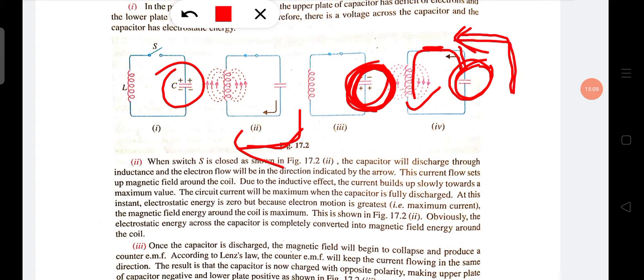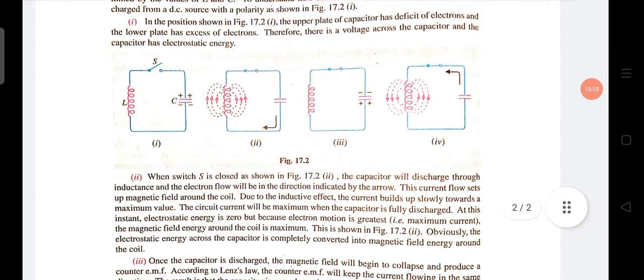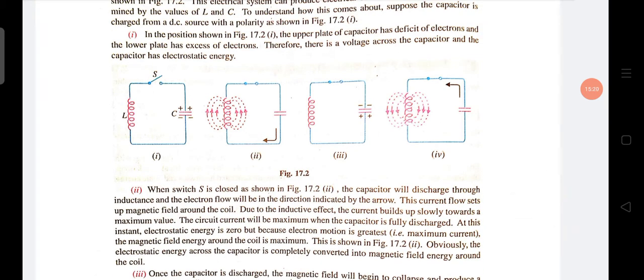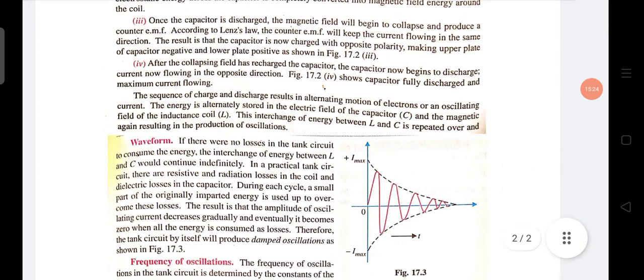So again a magnetic field is created, and after that the sequence is repeated again and again. Now, the sequence of charging and discharging results in an alternating motion of electrons, or an oscillating current.